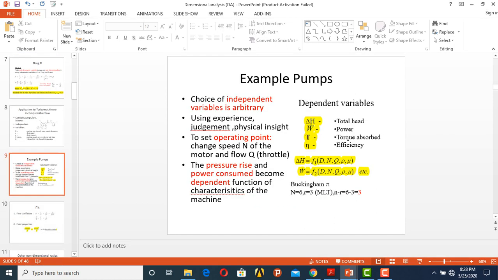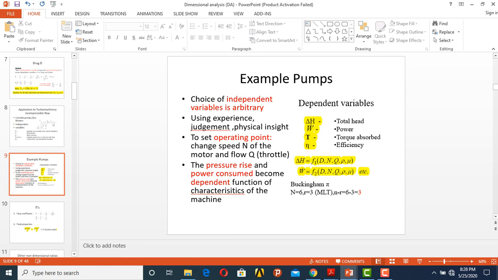These are the basic elements, or the variables, upon which the pump works. So there is density, there is diameter, there is viscosity, there is also the discharge or the volumetric flow. So these are the variables which are independent.